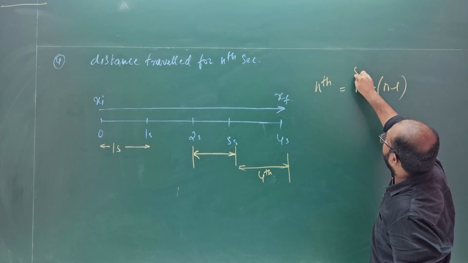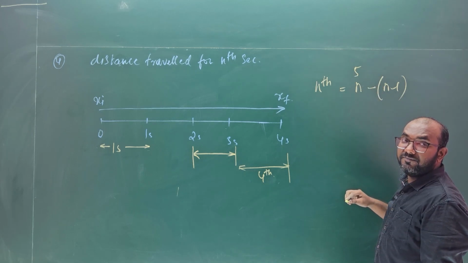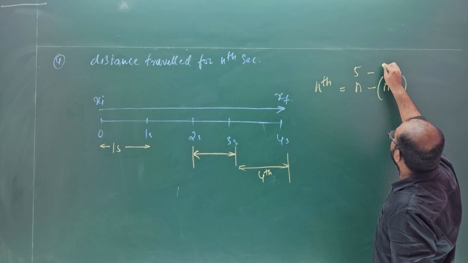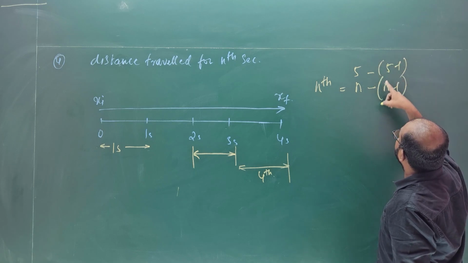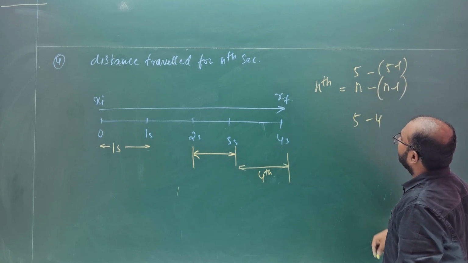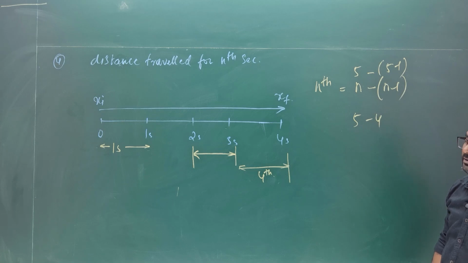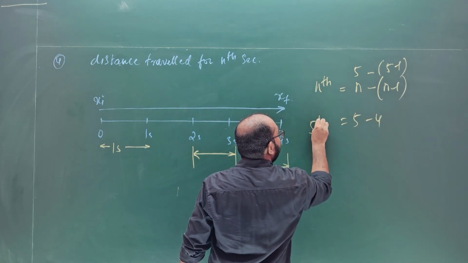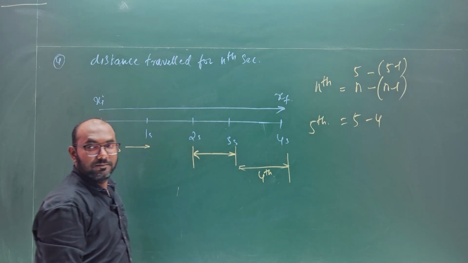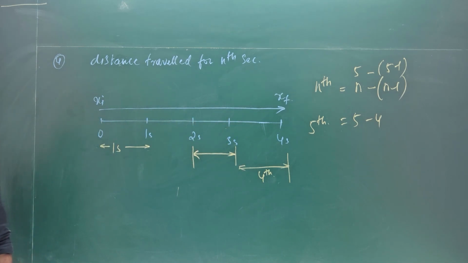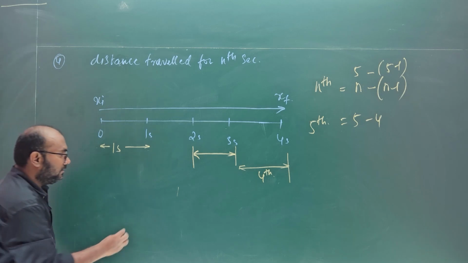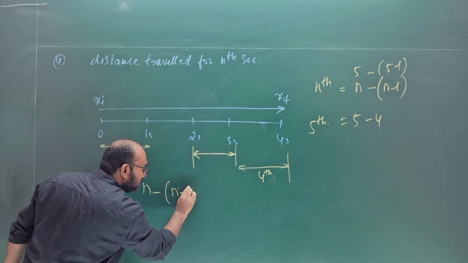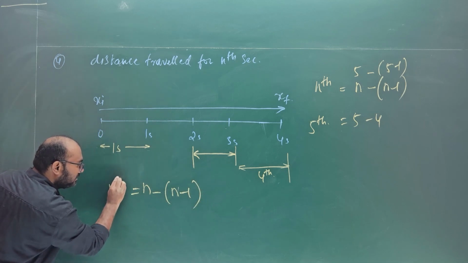Meaning if we are talking about the 5th, it is 5 minus 4, that is between 5 and 4. So the nth second is S_n minus S_(n minus 1).